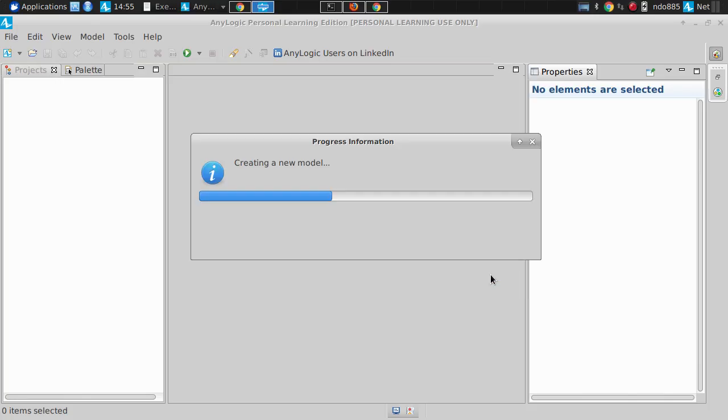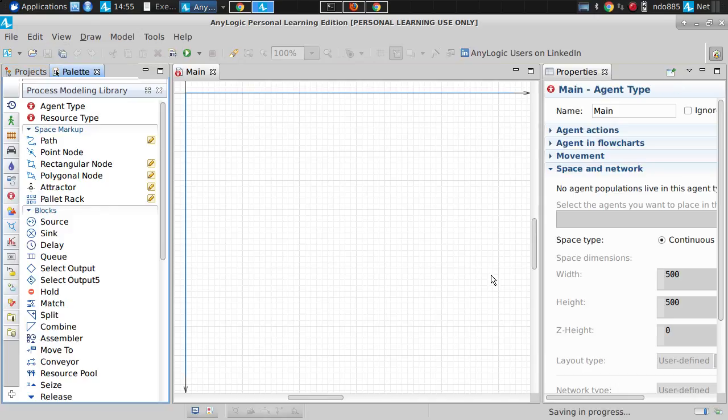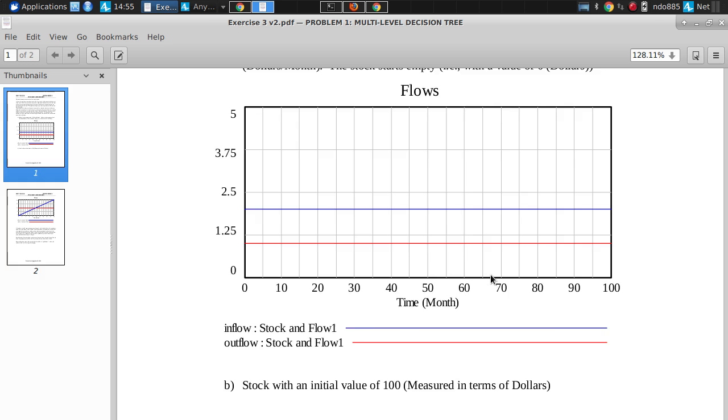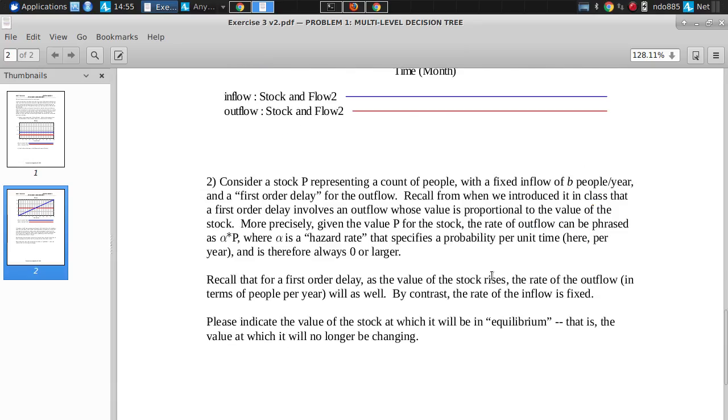I'd like to use this to rehearse what we've learned, and I'm going to tie this into the little exercise. In that exercise, in the final part, I said consider a stock in a very particular situation. Over here we have a stock P, and there's a flow out of the stock, an outflow, whose value is proportional to the stock.